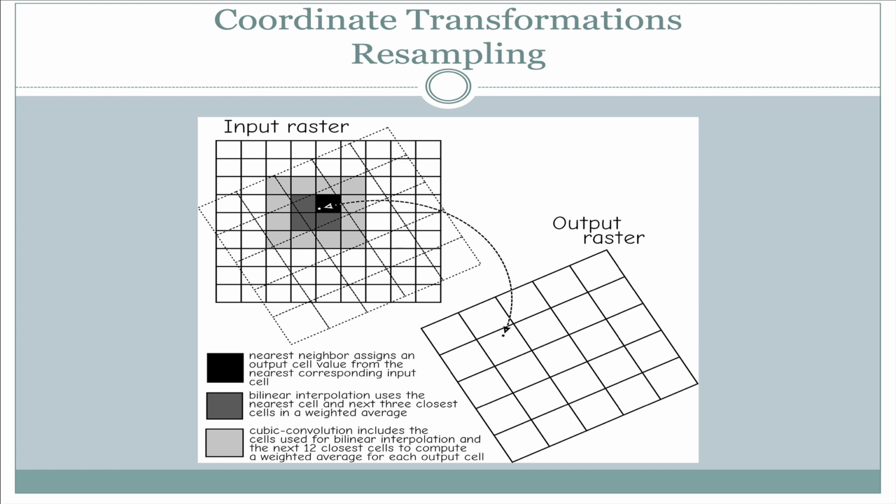In the second example shown in medium gray, we're doing a bilinear interpolation instead of a nearest neighbor interpolation. With the bilinear interpolation, we're accounting for all four of the grid cells shown in either medium gray or black, and we're going to combine those values in some way, maybe add them up and divide by 4 in order to get a value to put in that grid cell with the dot in the lower right.